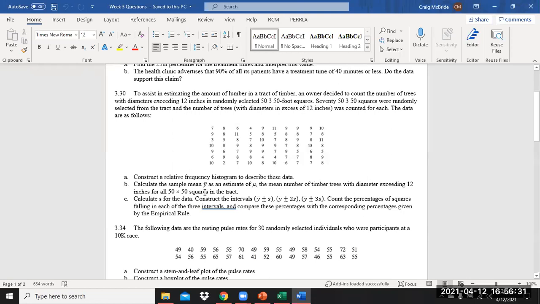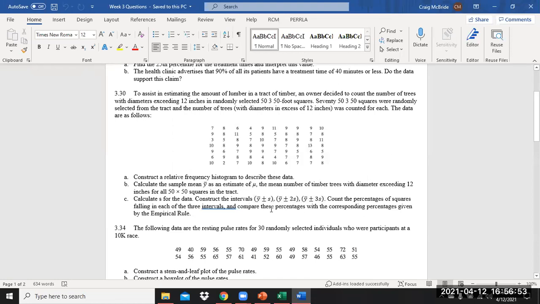Then we use that to estimate mu, the Greek letter mu, which is the mean of the entire population. Regular letters are what we get out of the sample statistics, and Greek letters are the parameters for the population. So we always use the statistics to try and estimate what's happening in the population.